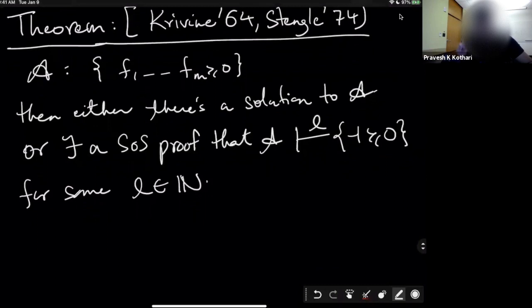So I want to point out, you could have imagined a version of this theorem that says that if G is non-negative over a semi-algebraic set A, then there is some large enough degree sum of squares certificate that G is non-negative. That's not the one I stated here. Okay, and there's a good reason for it.